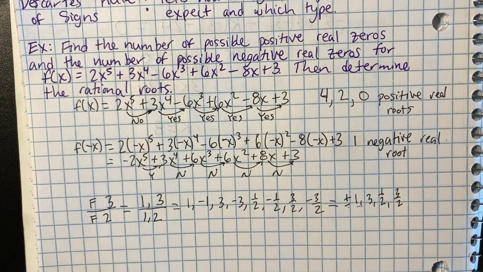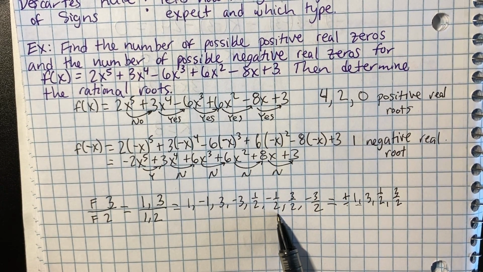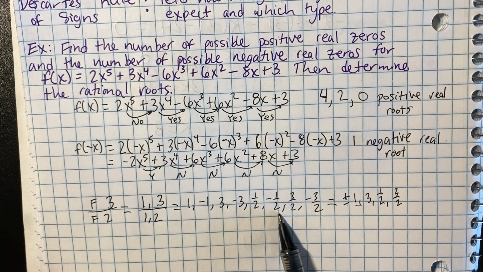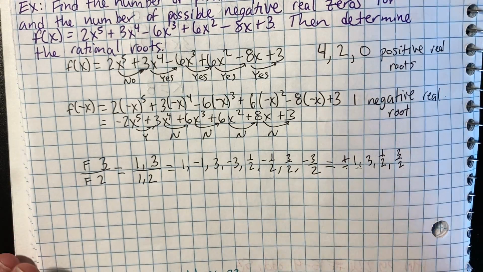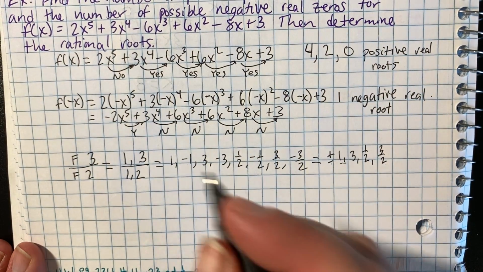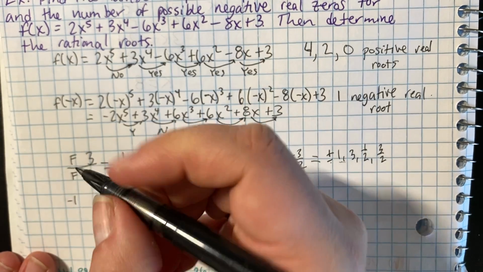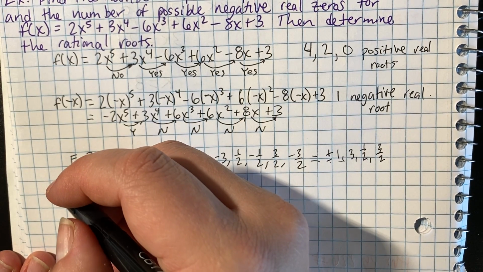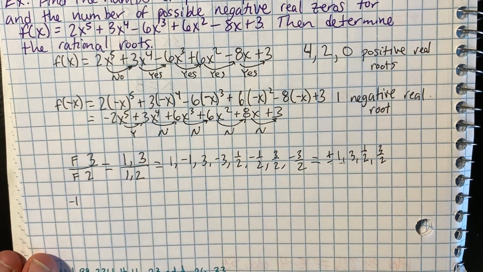It looks as though we have 1 negative, so I'd maybe pick a negative and start there. So maybe we start with a -1. We'll start there, and we'll plug that in.